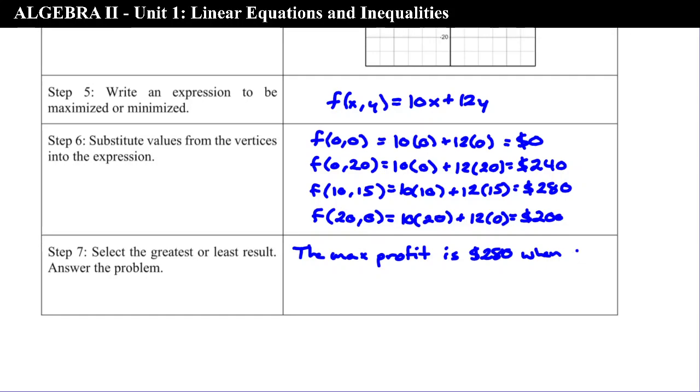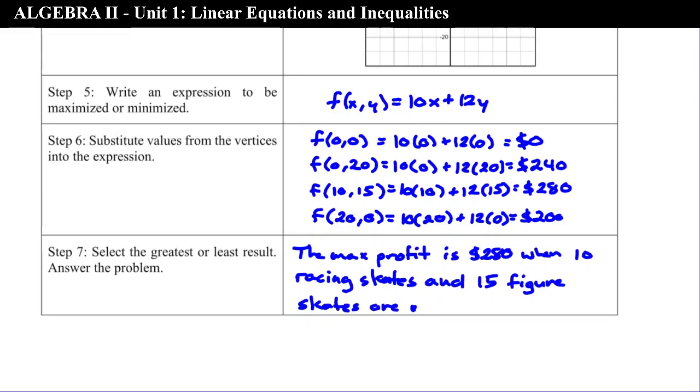When 10 racing skates and 15 figure skates are made. And that would be your final answer. It makes sense that a word problem would have a bit of a word answer to it.